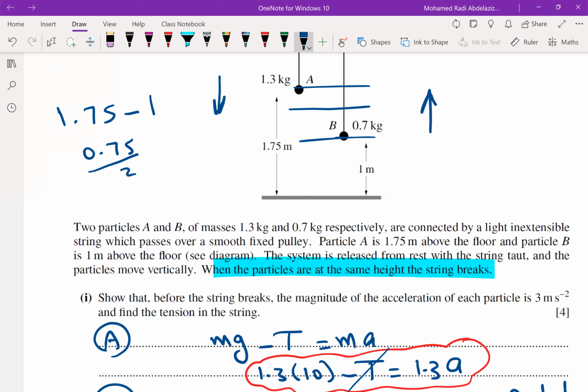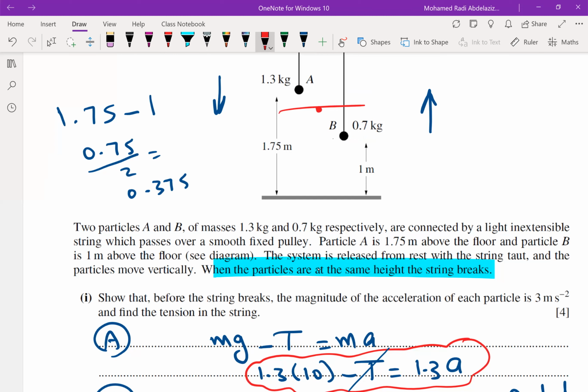Divide this value by 2: 0.75 divided by 2 is 3 over 8, exactly 0.375. So they meet at this point, exactly up and down 0.375.